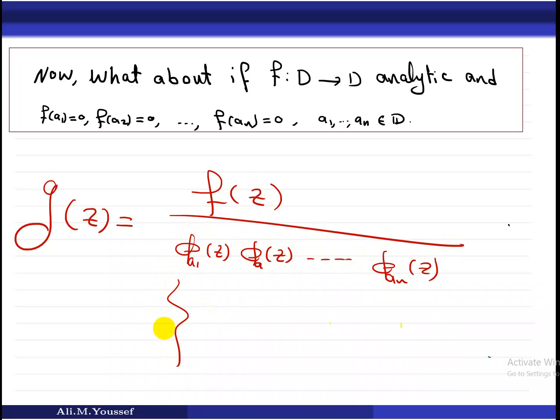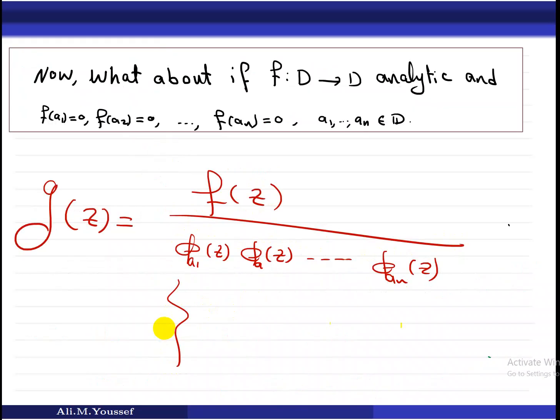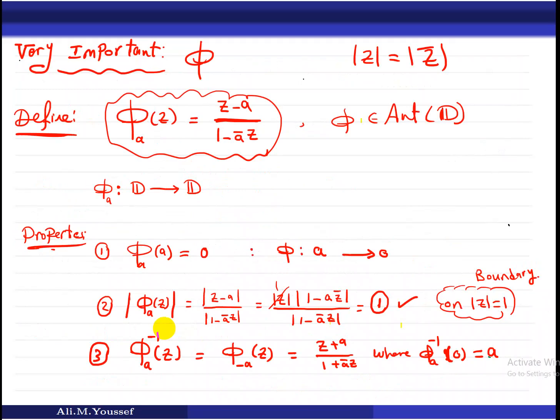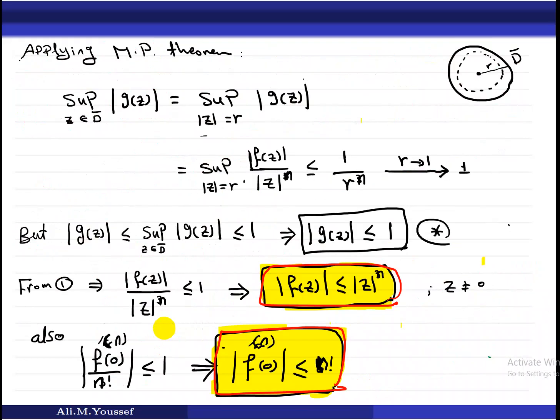I'll put it here to look at it, but it's the same as we took before. So this is the first part of the Schwarz lemma, the first and the most important part. Because if you understand this part, it's easy to conclude. After that, we just conclude.